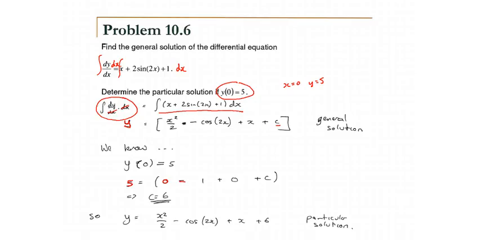I put a 0 into a cos, we end up with a -1. Put a 0 into an x, we're going to end up with a +0. So we end up with just +0 there. So that means we've got the 5 -1. Take that over to the left hand side, so c equals 6. And so there we've got our particular solution.